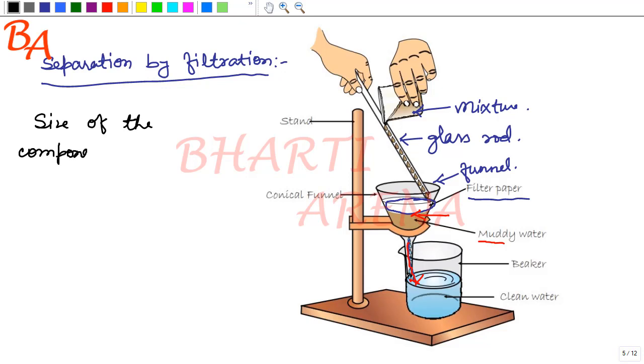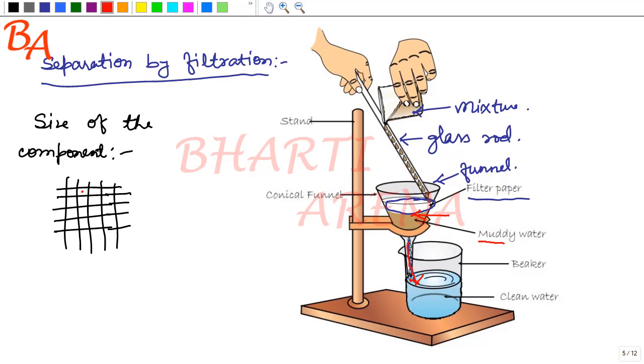Size of the component is, if there is a filter, suppose this is the filter, and these are the pores.